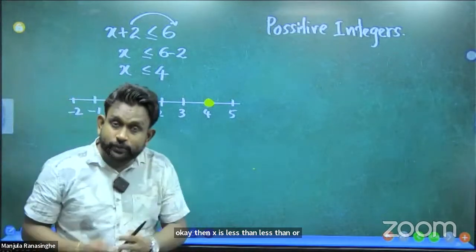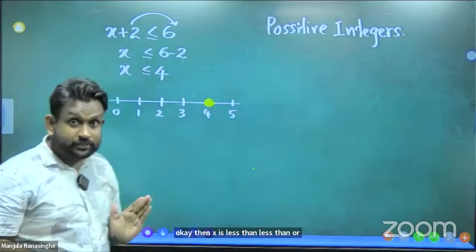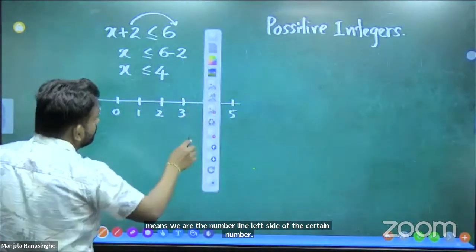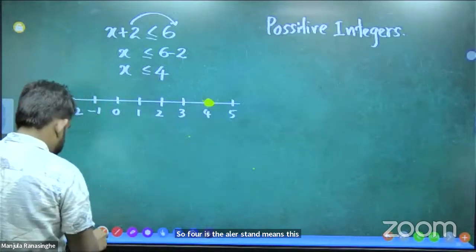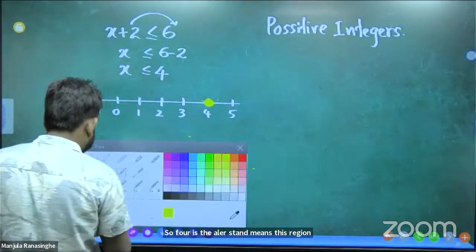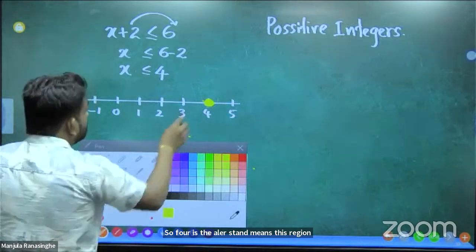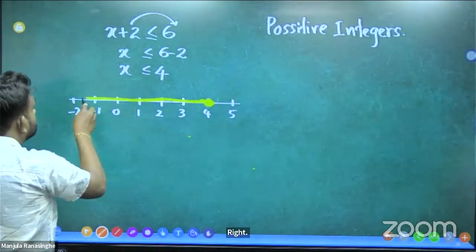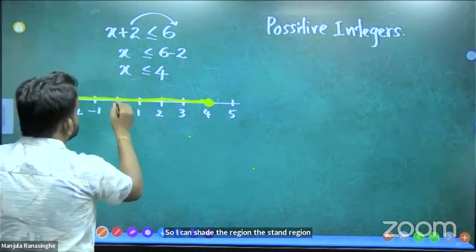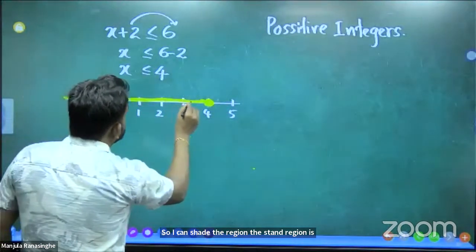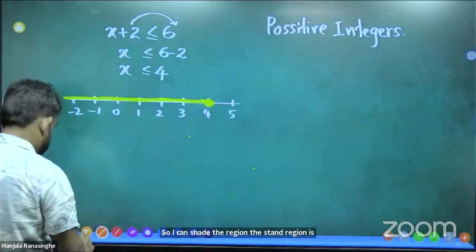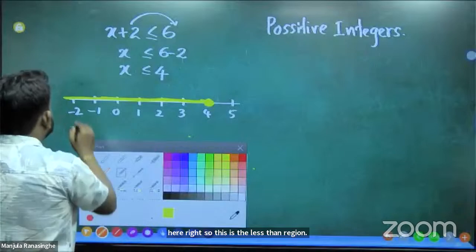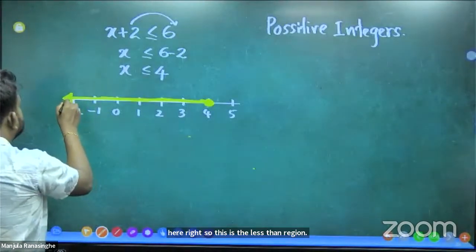Less than means the left side of the certain number on the number line. So 4 is there. Less than means this region, right? So I can shade the region. The less than region is here, right? So this is the less than region.